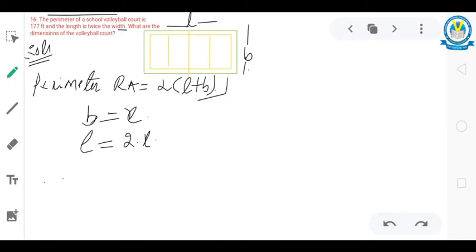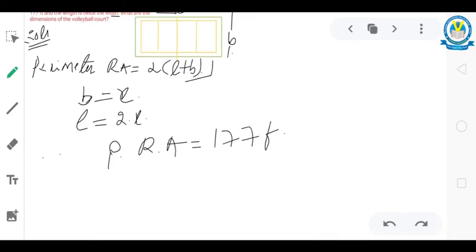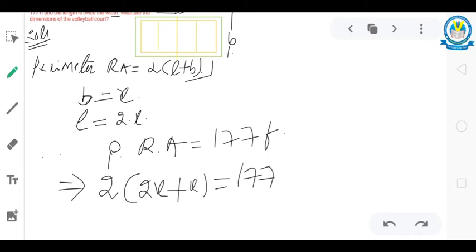In our formula, the perimeter of the rectangular court equals 177 feet. Now I can use this formula: 2 into (L plus B), L means 2x, B means x, equal to 177.